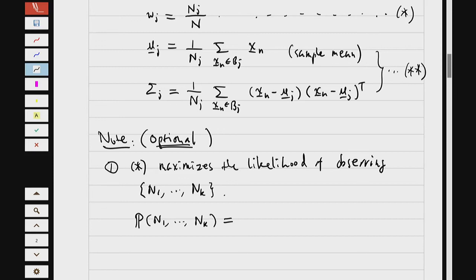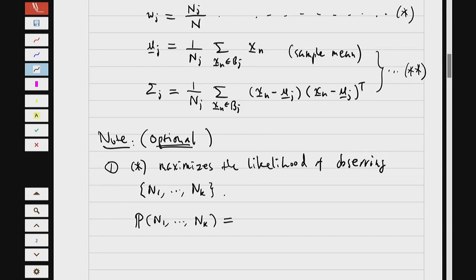Have you heard of the multinomial probability law in a probability course? That's 302 maybe. If not, then at least you have heard of the binomial probability law, right? Binomial is the one where you have only two cases, when k equals 2. Heads or tails when you flip a biased coin with probability p.